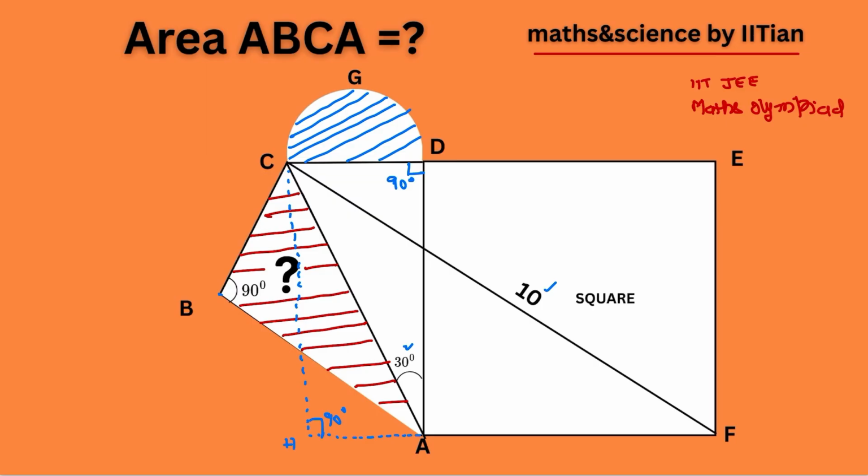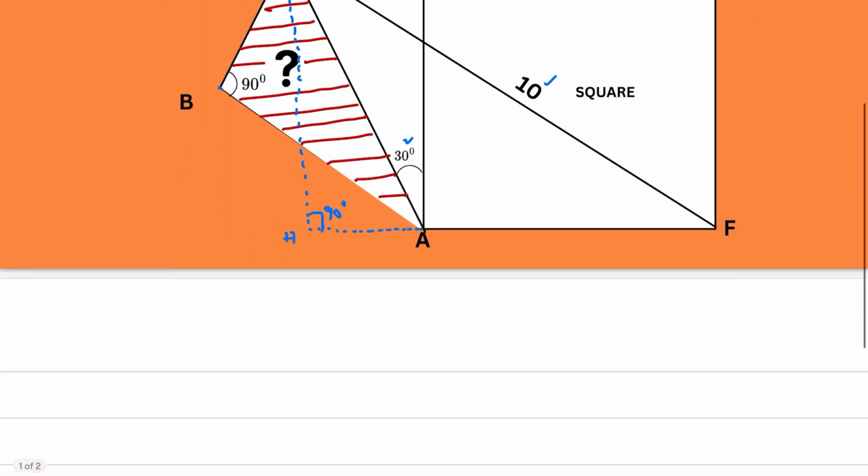That means from the above we can say that CB square plus BA square is equal to CA square. CA square is already calculated in the previous video. Please refer to that. This is as per Pythagoras theorem.